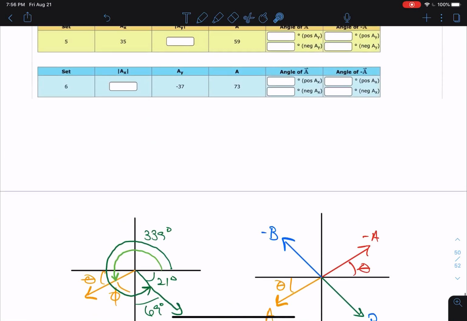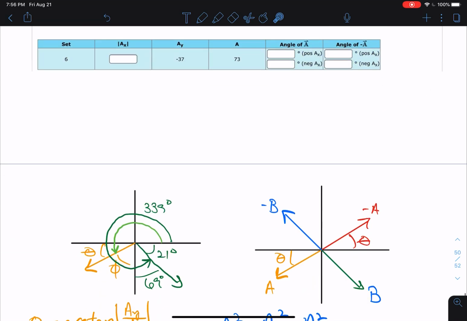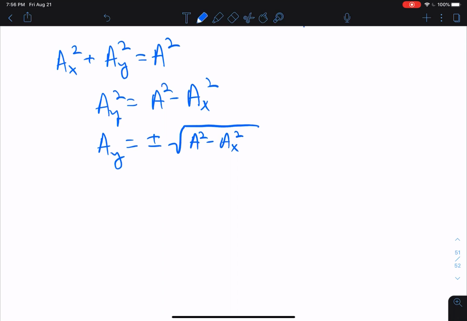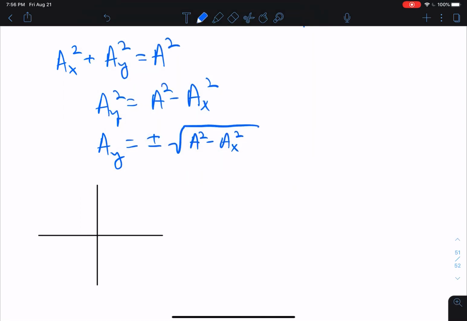So let's look at my case. For set 5, I had a positive x component. Okay, so if I draw that real quick, I have a positive x component. So a positive x component means that it could be pointing this way with a positive y component, or if the y component's negative, then it's pointing down this way.